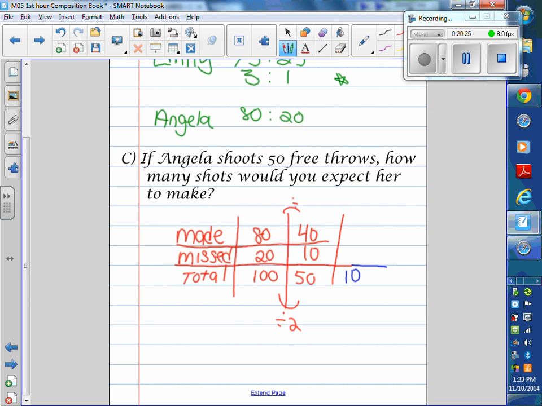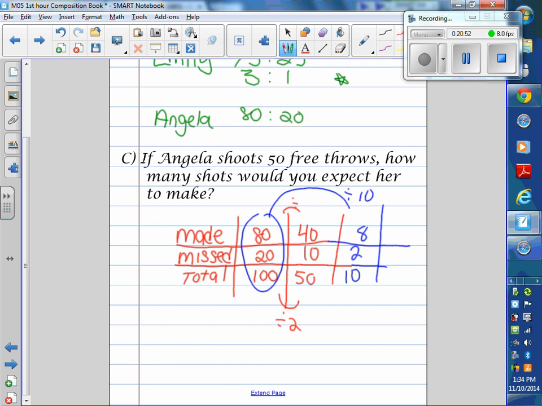But you know her stats here. So can you get from here to 10? Divide by 10. So don't put your own personal feelings into it. Use the math, because you want to use the statistics. If you divide by 10, the math tells you that she should make about 8 and miss about 2, even though it's just a prediction.